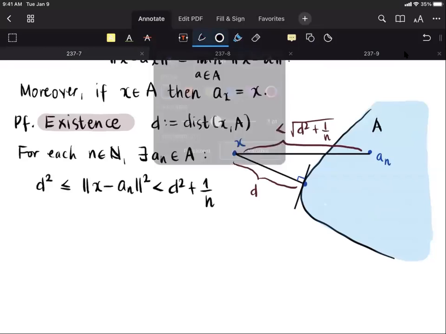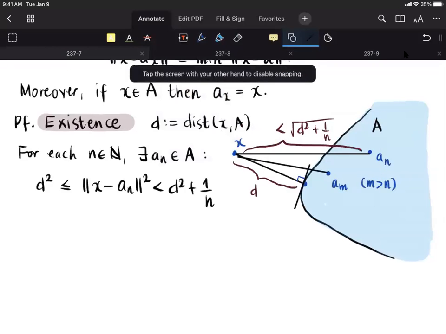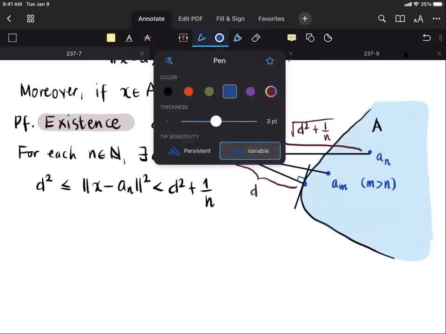If we have another point A_m here with m greater than n, then take note that here we will have a smaller distance. So it seems that the sequence converges or tends to this point here.